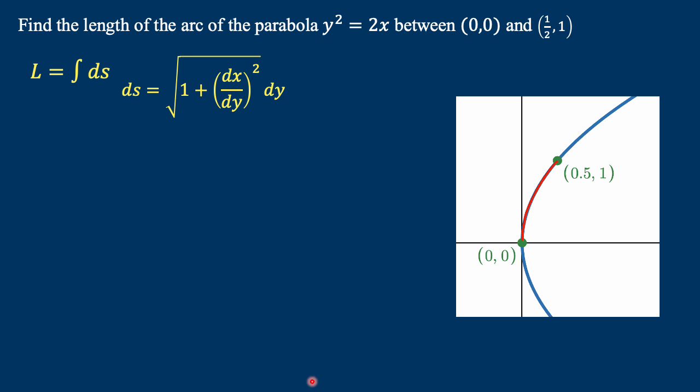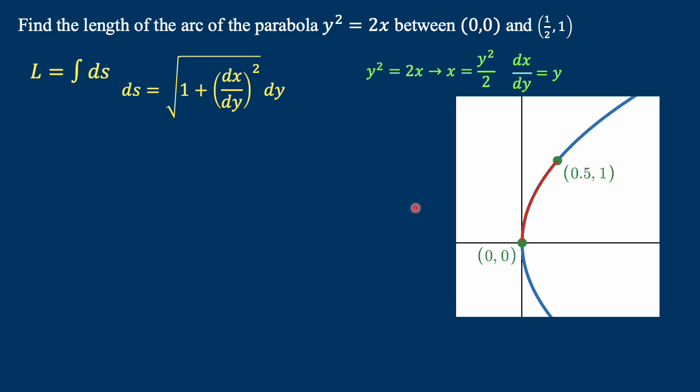Use the arc length formula with respect to dy. So first thing is we have to solve for x. x is going to be y squared over 2. So dx dy is going to be y. 2y over 2 is y.